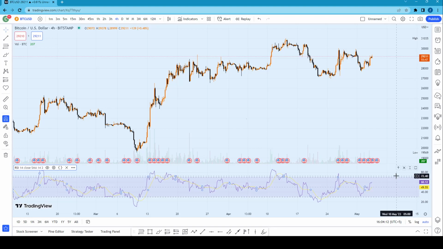Above 70, a stock or a coin will be considered overbought, and below 30 it will be considered oversold.